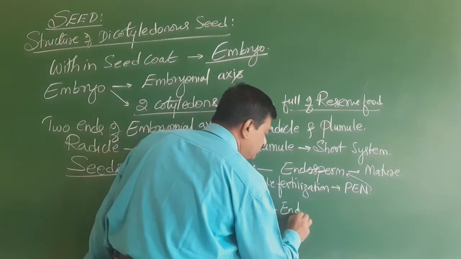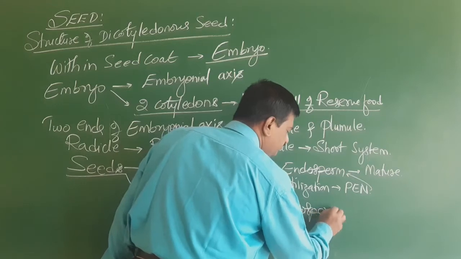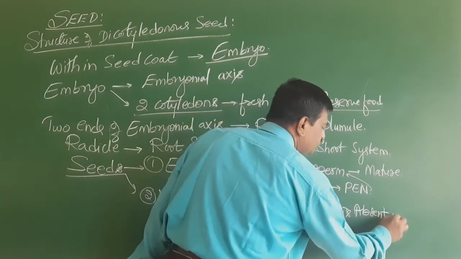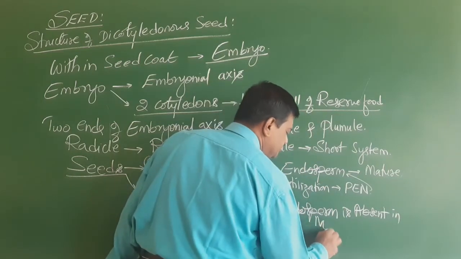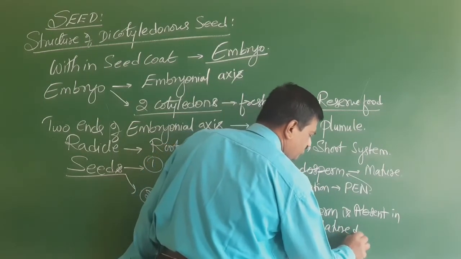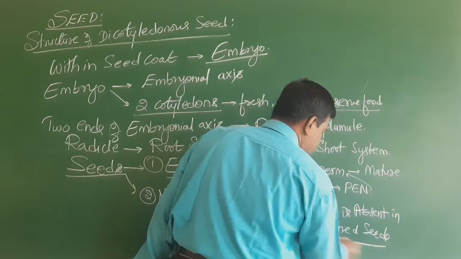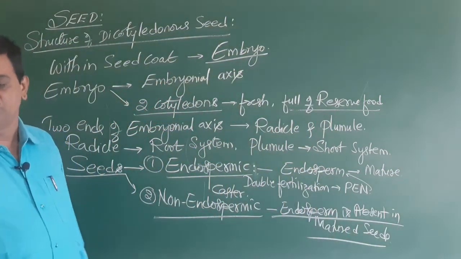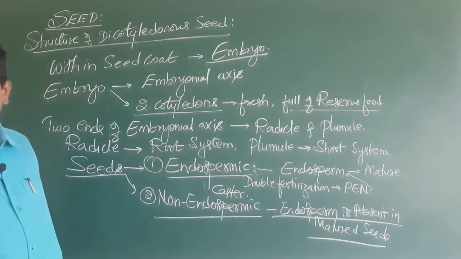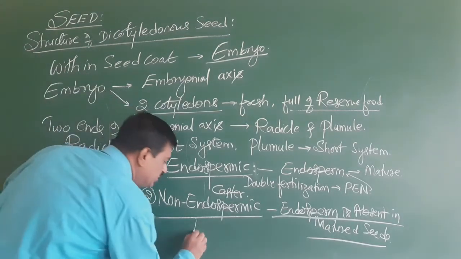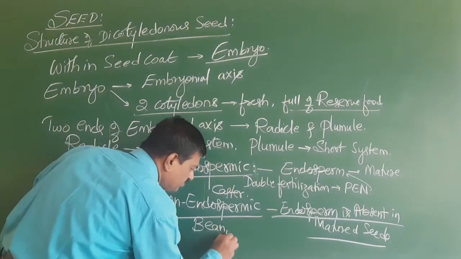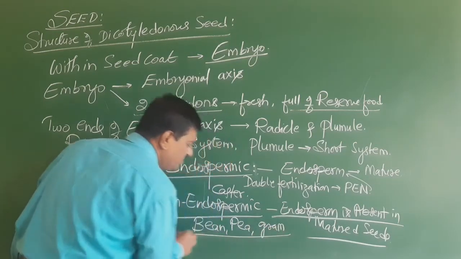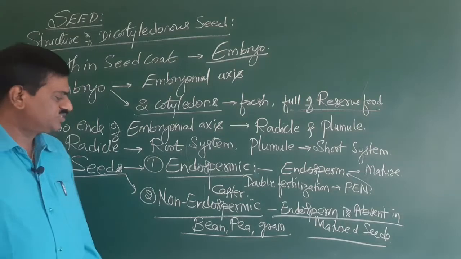So endosperm is absent in mature seeds. This is called non-endospermic seeds. Non-endospermic seeds can be seen in beans, pea and gram.